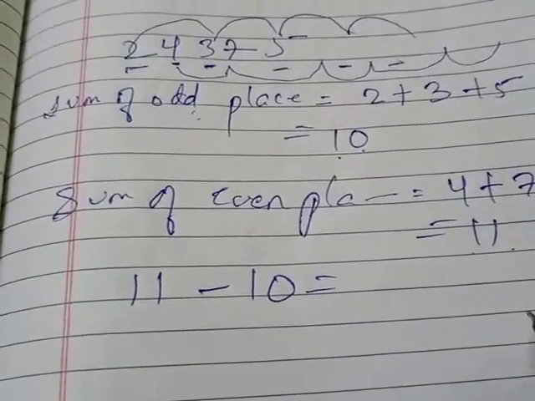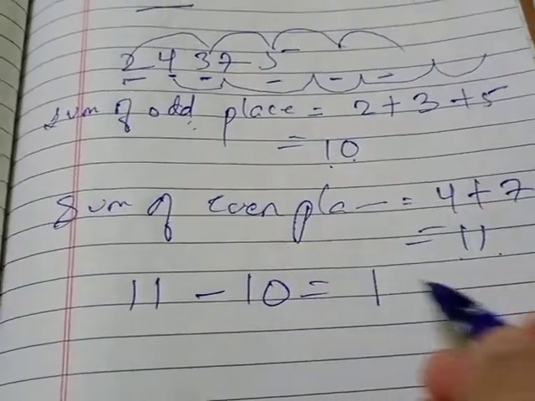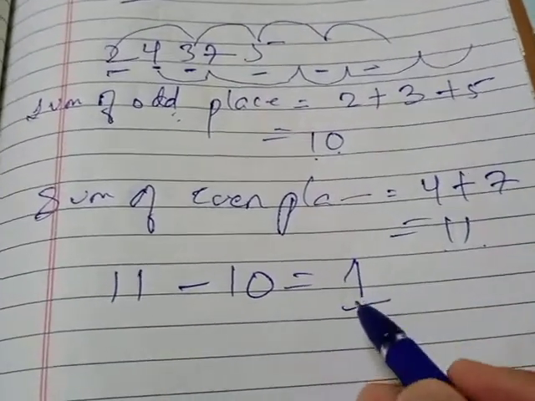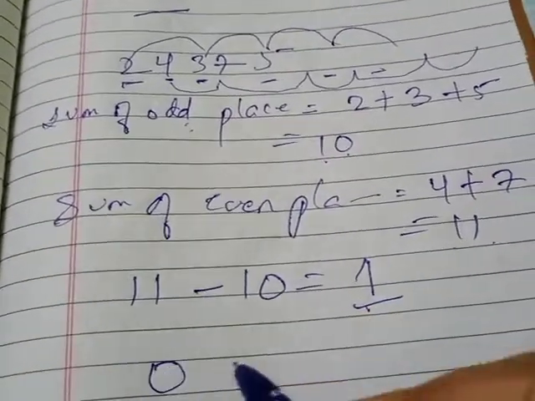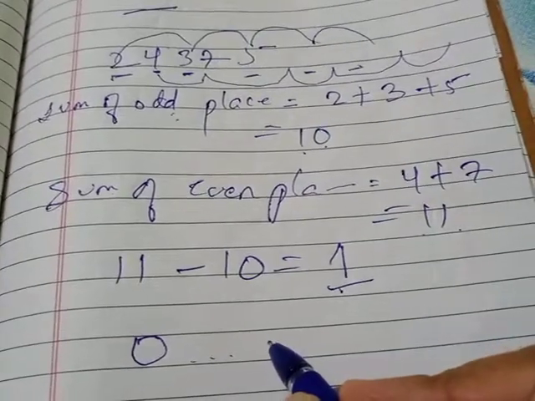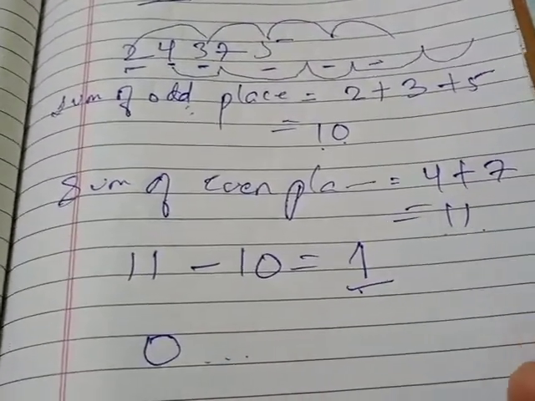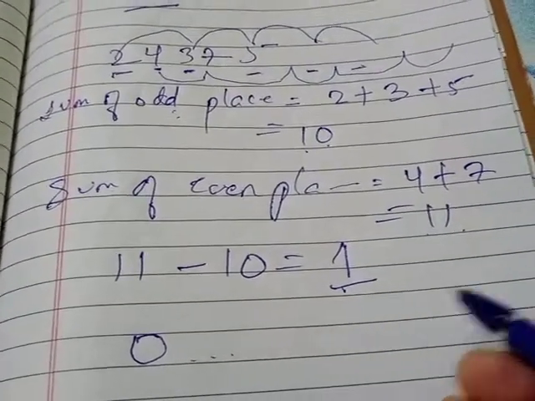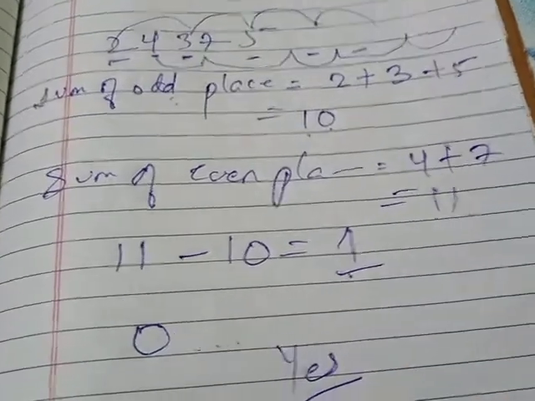If the difference is 0 or any number which is in the table of 11, like 0, 11, 22, 33, 44, 55, 66, then yes, it is divisible by 11.